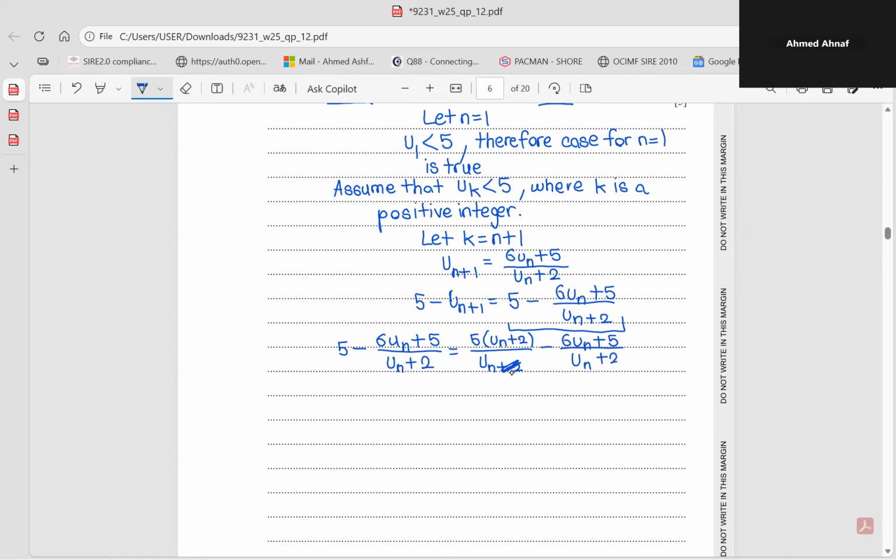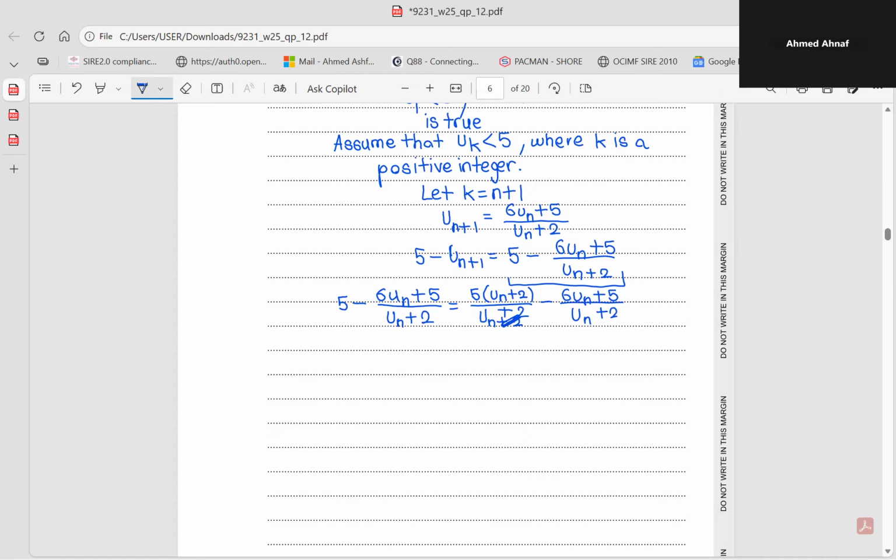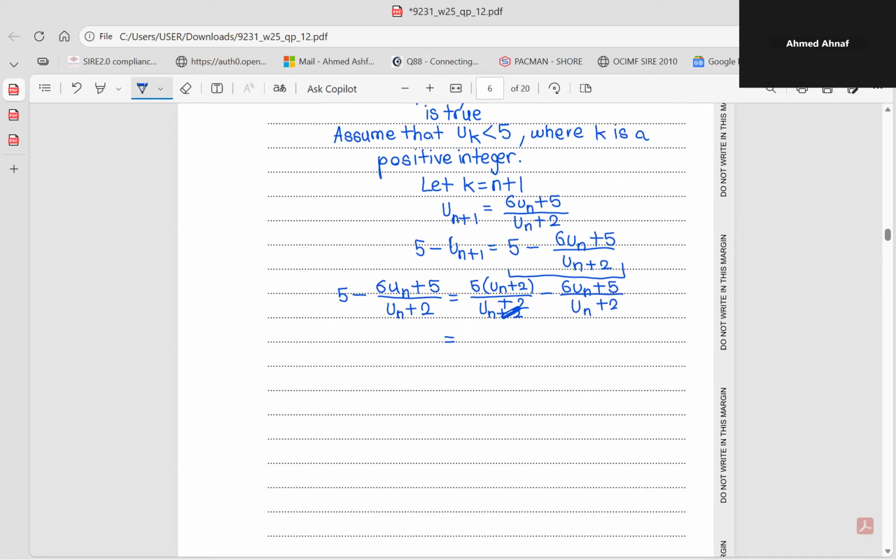Oh, I know it's going to be very easy to confuse. So this is not U subscript (n plus 2), it's just U subscript n, plus 2. Okay? All right. So 5 times Un plus 5 times 2, that's 10, minus 6 U subscript n, minus 5, over U subscript n plus 2.